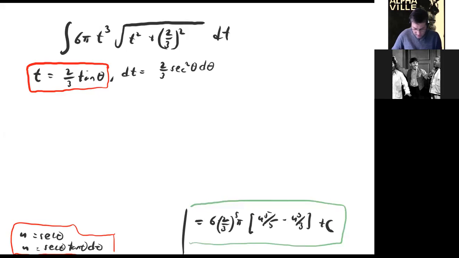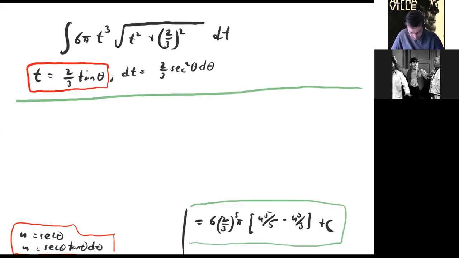Okay, so the stuff that's surrounded by green, more or less, is the integral expressed in terms of u. Now we have to convert u into secant theta. So I'm going to do that over here. So it's 6 times 2/3 to the 5th power times pi.